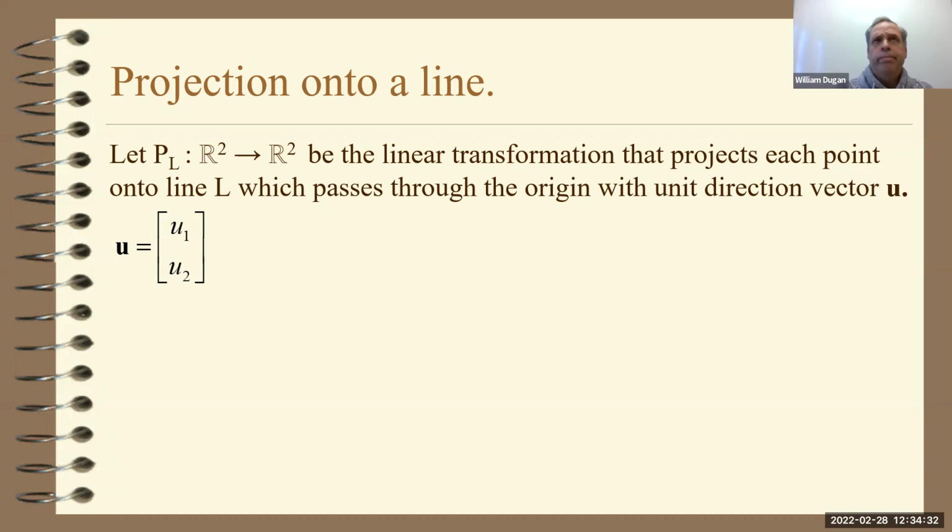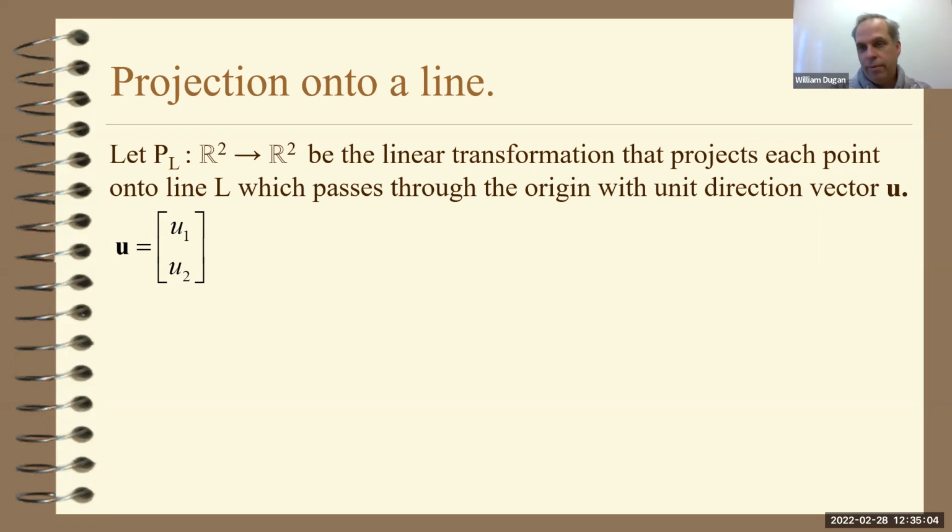So let's say that P sub L going from R2 to R2 is going to project points onto the line L, and that line L goes through the origin and it has a direction vector U. Also, just because it makes it easier, direction vectors can be any length, so let's just make it a unit direction vector. If it's not that, we could always just take the direction vector you give me, take its length, and normalize that vector to get a unit vector in the direction of the line.